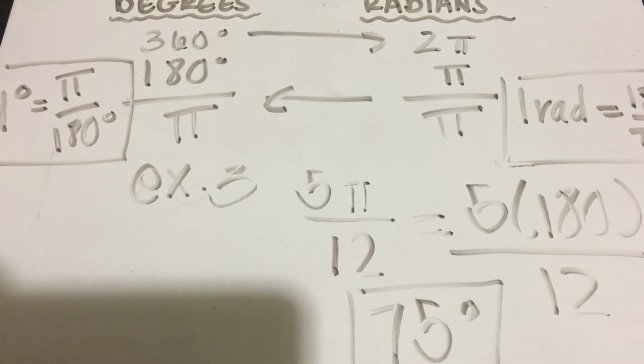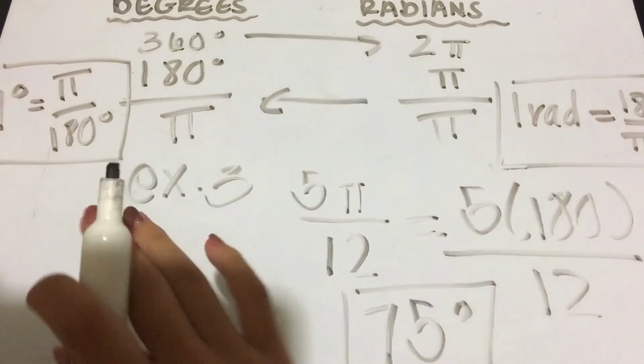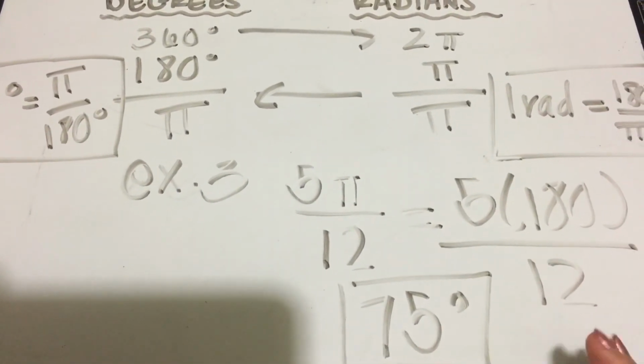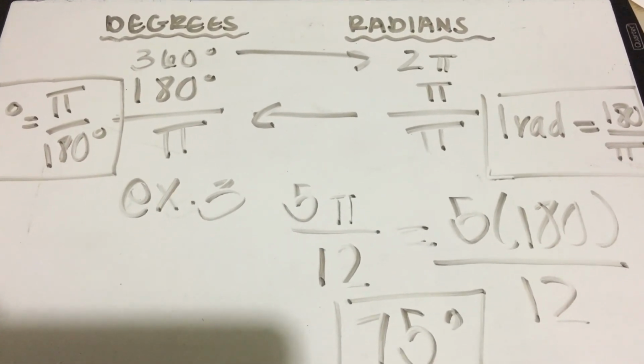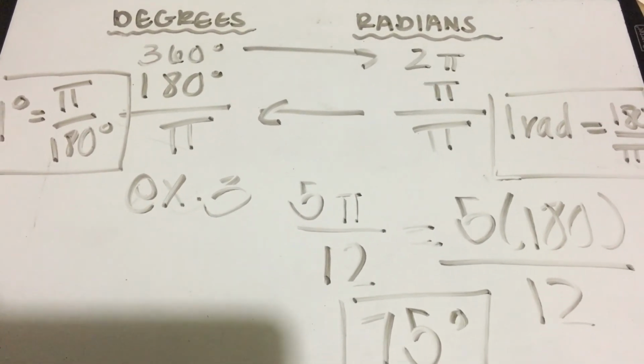But otherwise, it's recommended to use the conversion factors so that you have a more clear understanding, and you can now convert between degrees and radians and vice versa. Thank you.